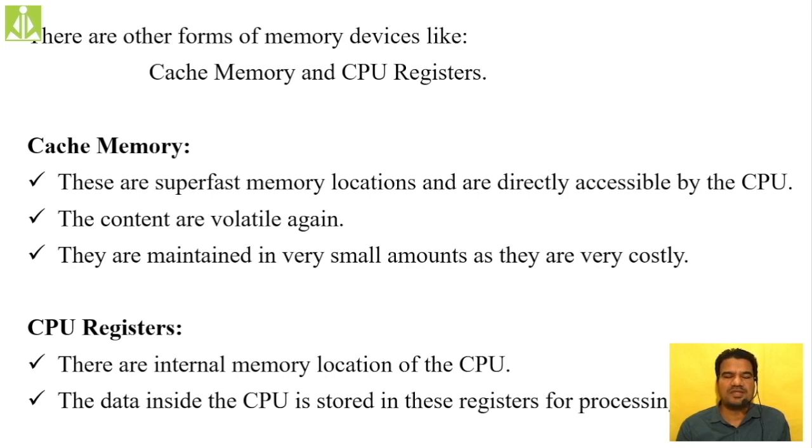Inside the processor, for transaction, processing, and manipulation purposes, whatever registers or memory elements we have, we call those elements CPU registers. Basically they are ultra fast, faster than your cache memory. That is the reason why they are costlier than cache memory, or in short, they are the costliest memory types we have in the market.